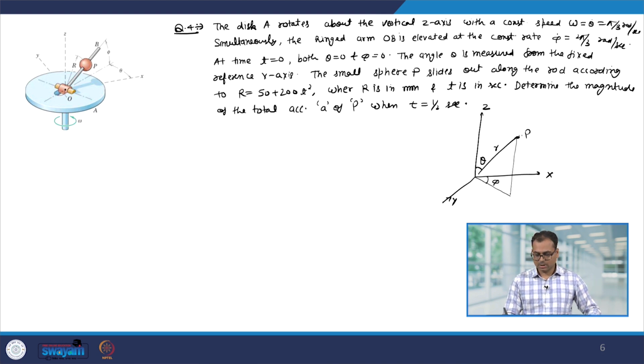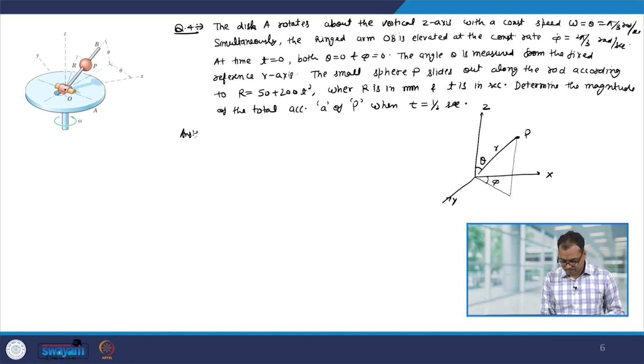So, this is some point P. Now, for this case we have derived the expression for the acceleration, and our A r was r double dot minus r theta dot square minus r sin square theta phi dot square.